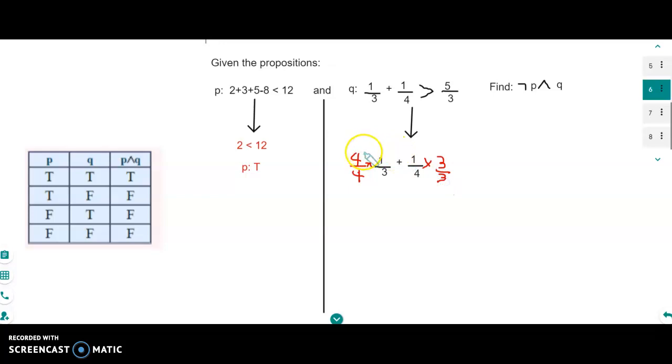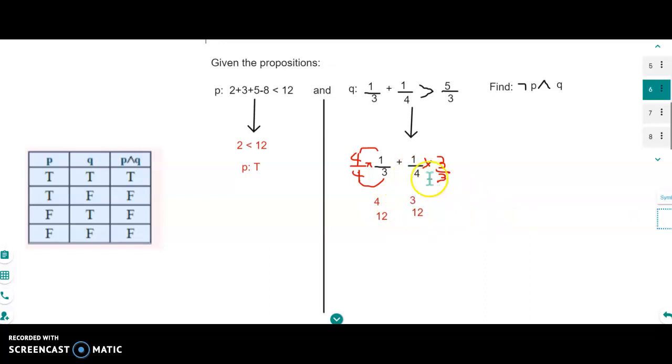So we do the operation: 4 times 1, that makes 4, over 4 times 3, that makes 12, okay? And 1 times 3, that makes 3, and 4 times 3, that makes 12, okay?